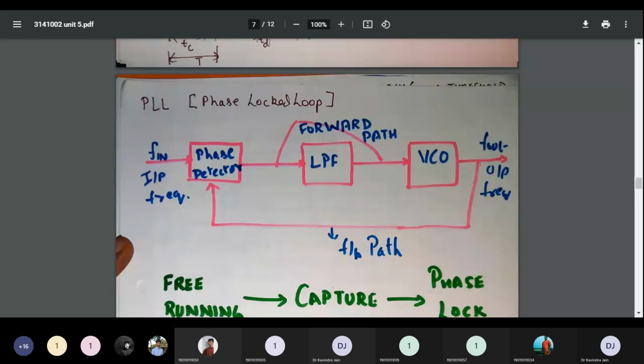It is of two types. One is analog based and one is digital based.